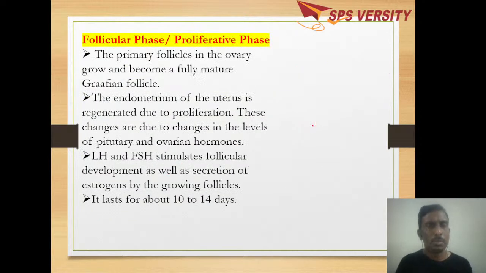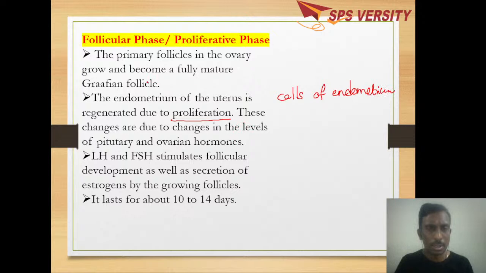Next we come to the follicular phase. What is meant by the follicular phase? The follicular phase is also called the proliferative phase, where we can see the proliferation of the endometrium of the uterus. That is, the cells of the endometrium will divide, and the thickness of the endometrium will increase.